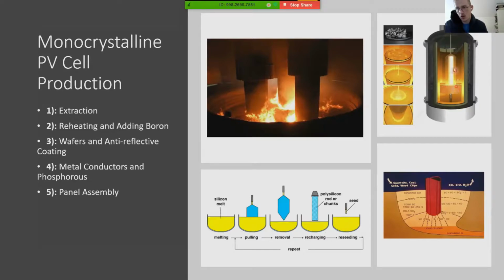And as it lowers, the seed crystal provides the basis for which the rest of the crystal builds itself around. So you've got your silicon melt, the crystal gets inserted, and then the entire crucible gets lowered, and the crystal gets pulled out of it like magic, and then more silicon is added to fill that crucible back up.